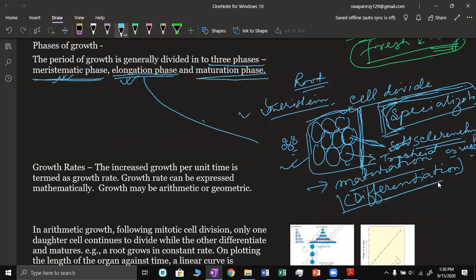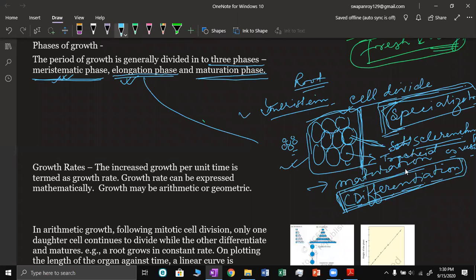They undergo maturation, and in the maturation process, the cell cytoplasm may increase, vacuoles are produced, cell wall thickening increases, cell shape may change, many different chemicals are deposited.